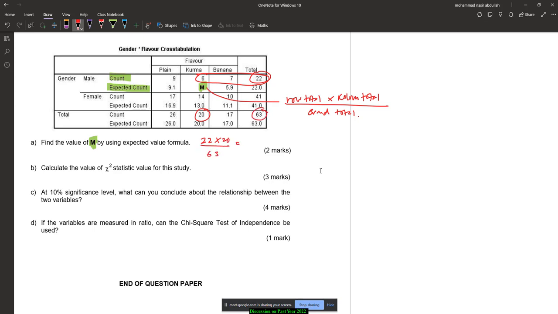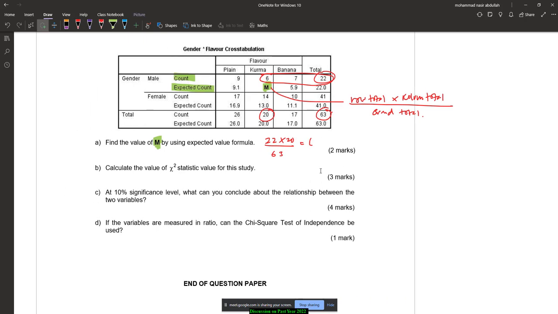So this one should be 2 marks, very easy to get marks. So this one should be 6.9841. But they all use one decimal point. 98, okay, we stop at 98.